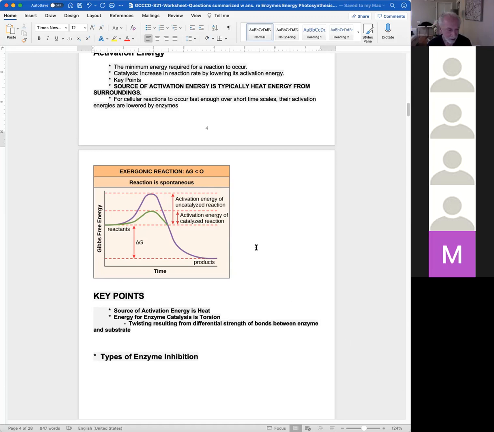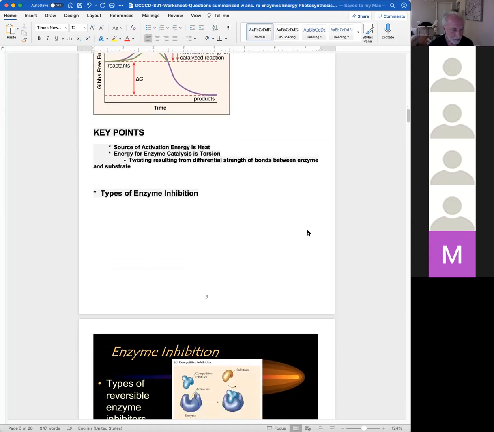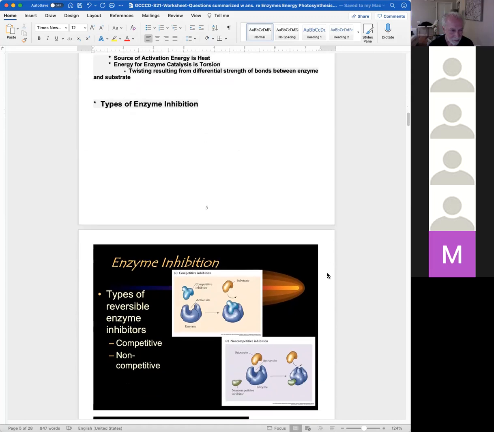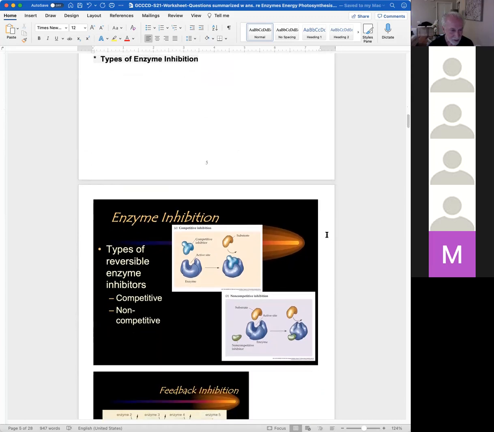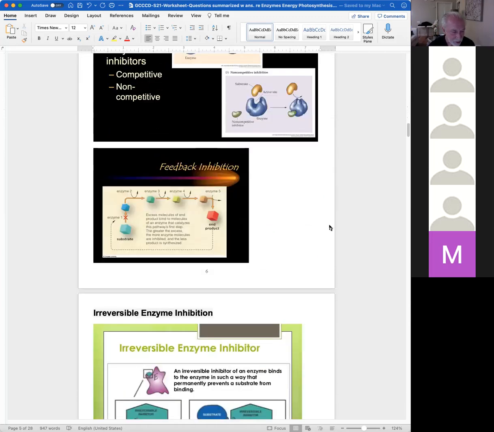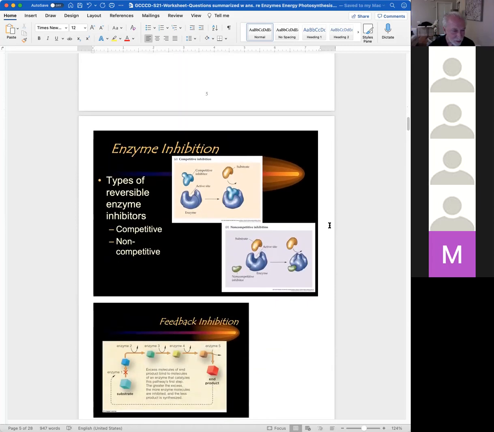All right, there were a number of questions about enzyme inhibition. Some people said they just didn't understand the differences in types of inhibition. So I'm showing you a couple of things that I've showed you before, and then a couple of new things.